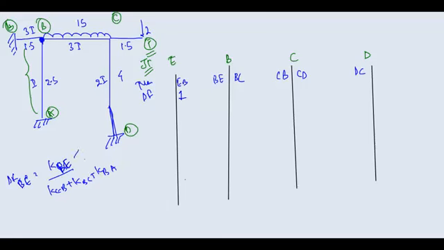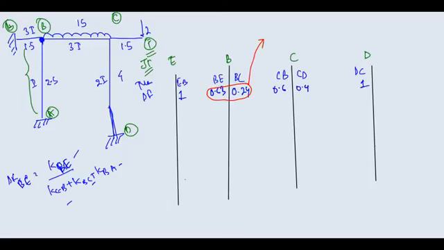If you evaluate like this, all these values are 4EI by L only. If you put in all the values and evaluate, you will get this value as 0.63, this value as 0.24. Here you will get 0.6 and here I will get 0.4. Now many people make a mistake here.